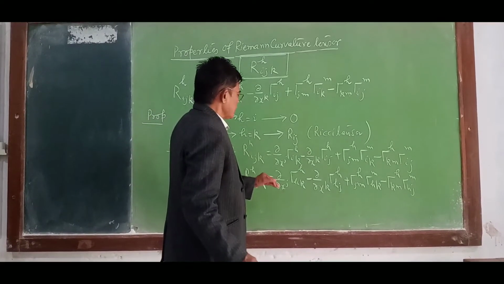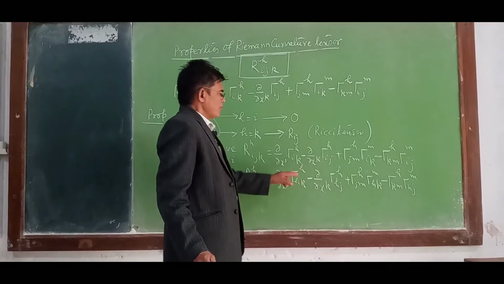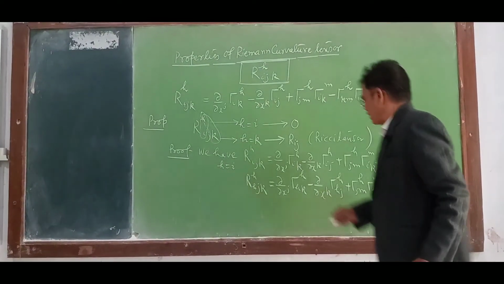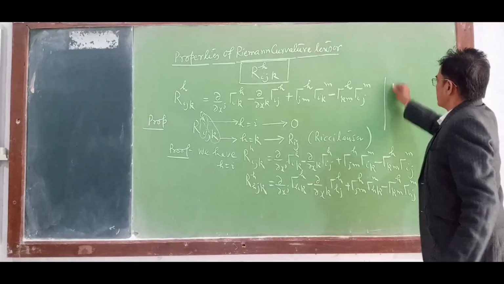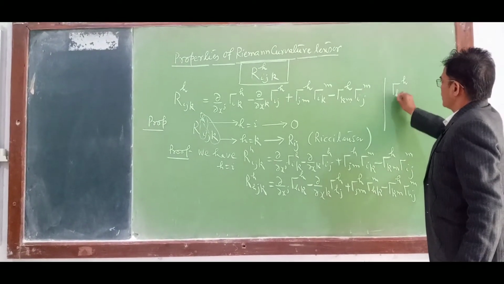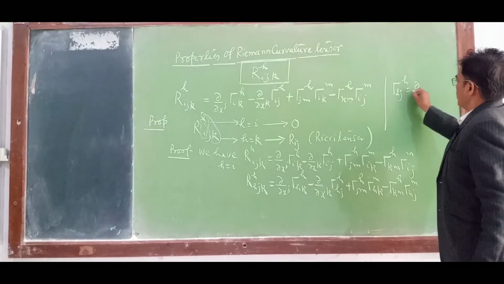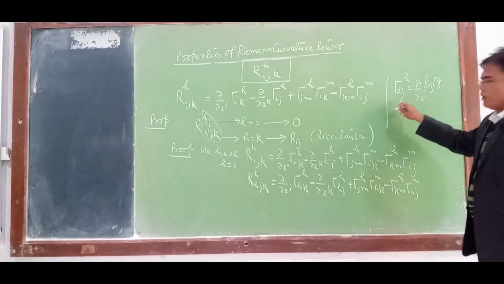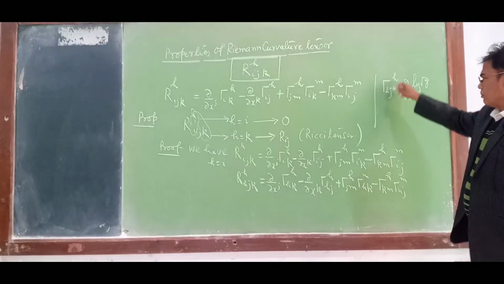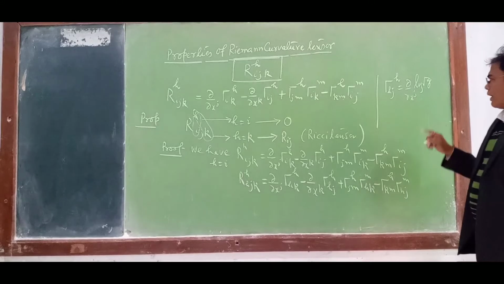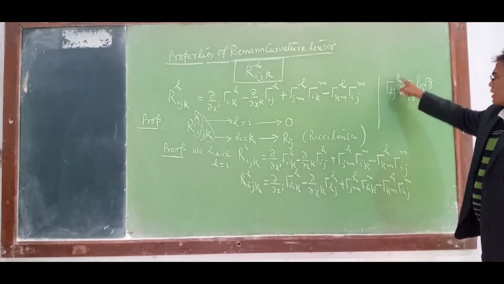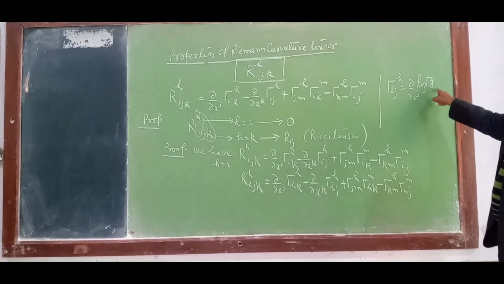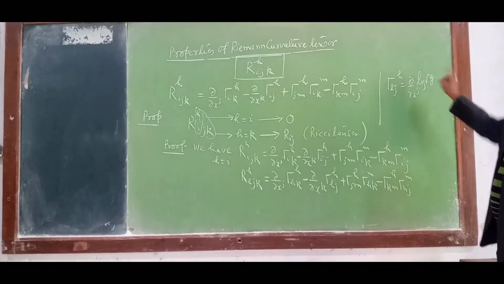Also we use this property of Christoffel symbols of second kind: Γ^h_{hj} is equal to ∂/∂x^j log √g. This is the property of Christoffel symbols of second kind: if the upper and lower indices are the same, then the value of Γ^h_{hj} is equal to ∂/∂x^j log √g, or log √(−g).